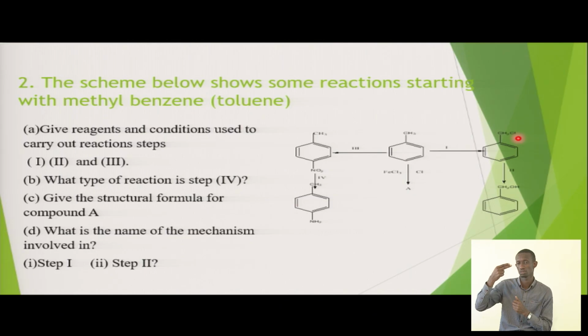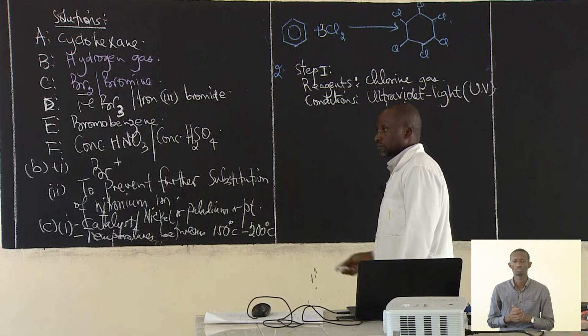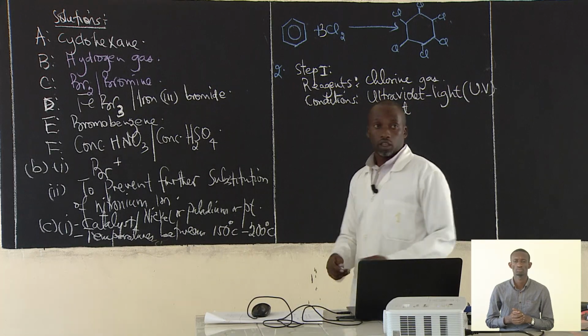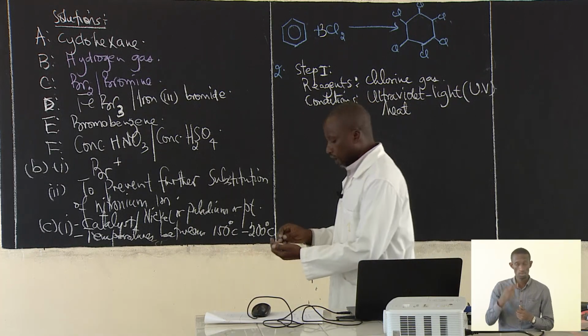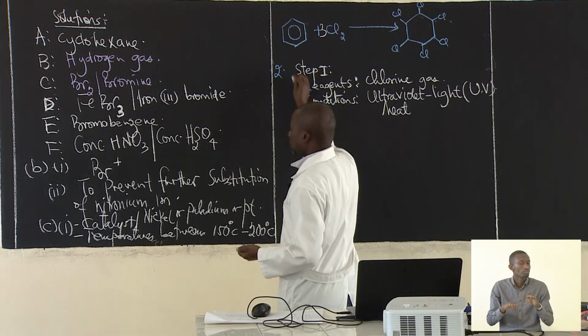So there is a substitution. What are the conditions for this? If you remember some of the reactions of methyl benzene, you need to recall them. The conditions here have to be ultraviolet light, or UV, or sometimes heat can be used. Those are the conditions. Step number 2.